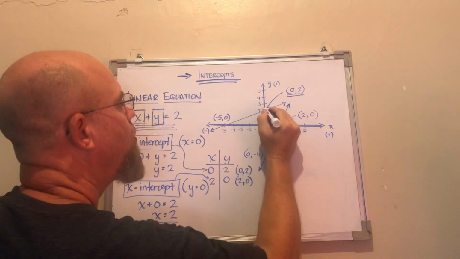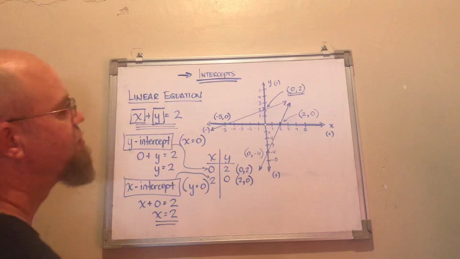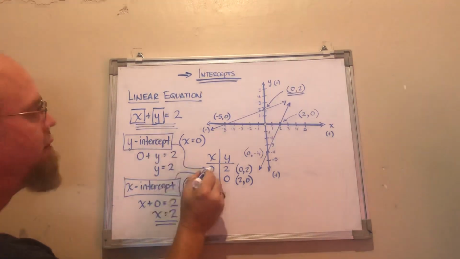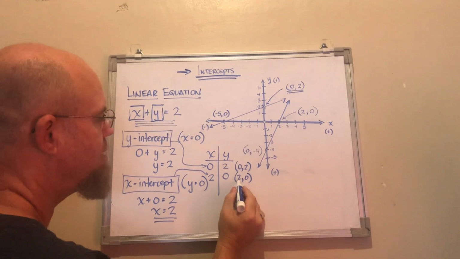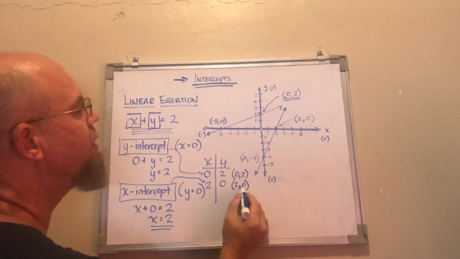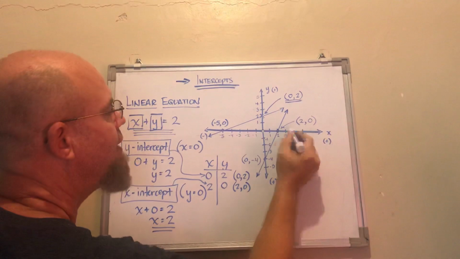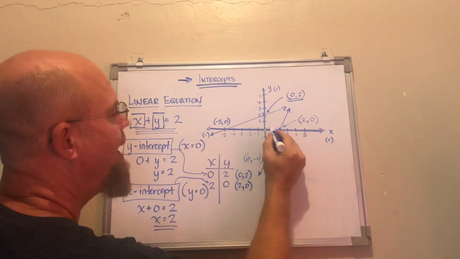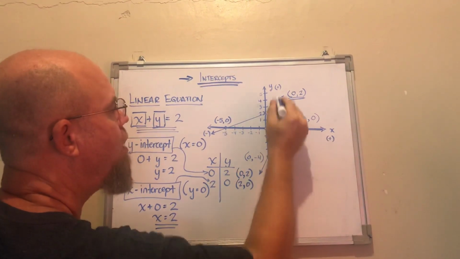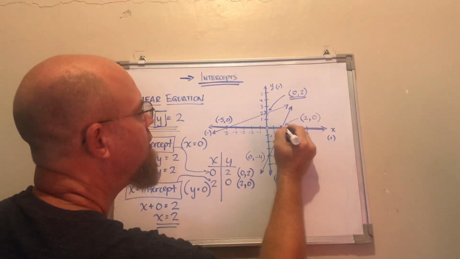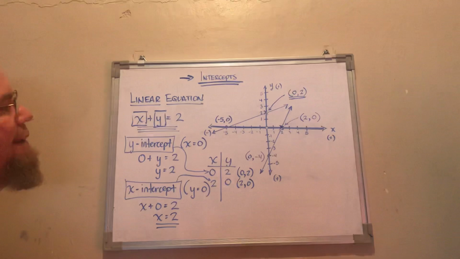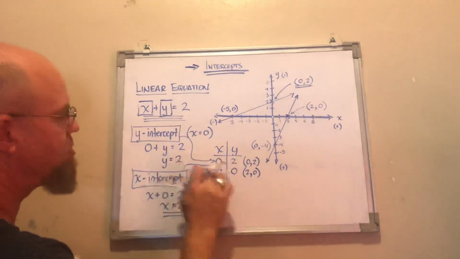And that's our y-intercept. Then we have the point where x is 2 and y is 0. Well, that's this guy right here. So that's our other point. All right? That is our x-intercept.